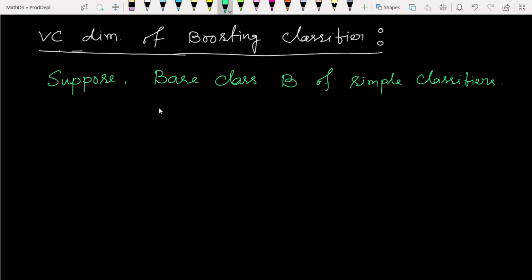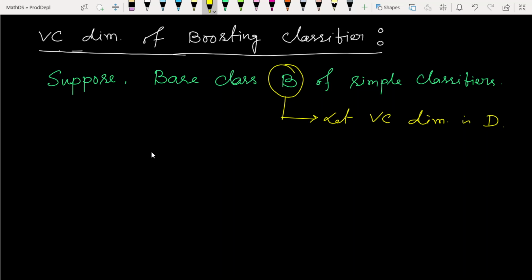Okay, and the VC dimension for each of the base classifiers: we have B simple classifiers, and for each of these, let its VC dimension be D. Now the VC dimension of the set of such classifiers.